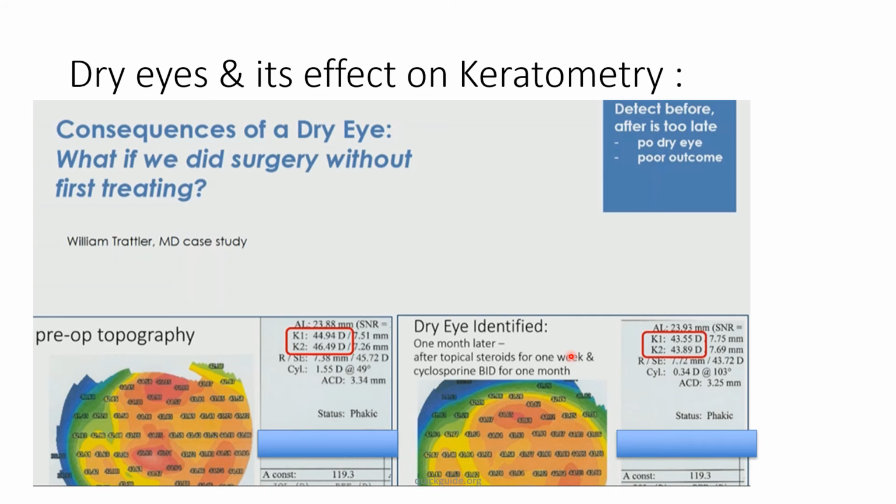So dry eye remains a concern, and it needs to be ruled out before a toric lens is proposed for the patient when a biometry has been done and an astigmatism has been identified.